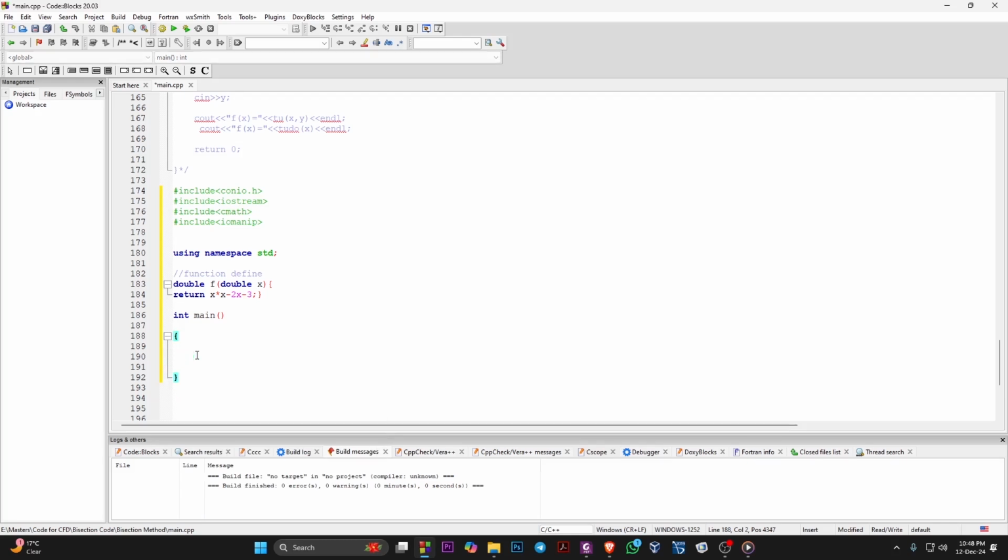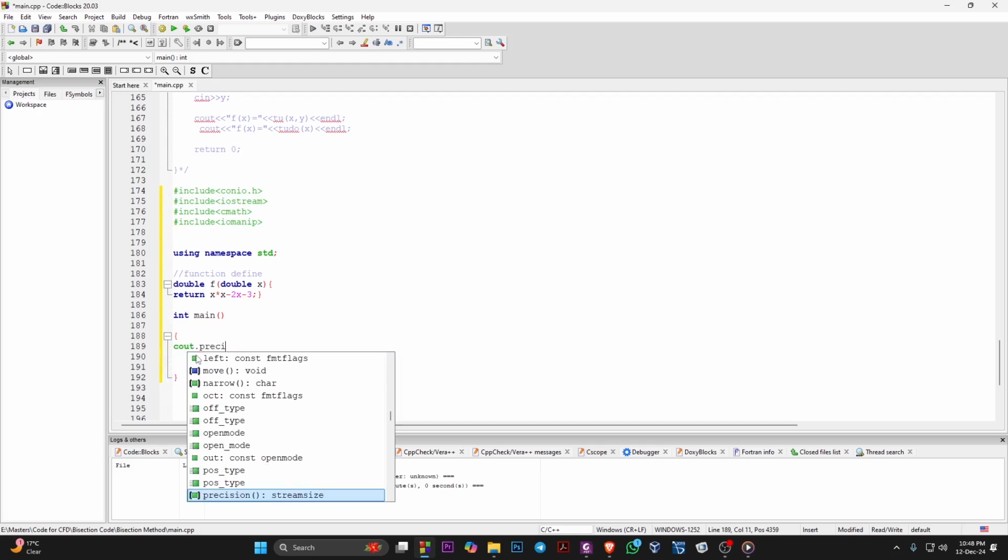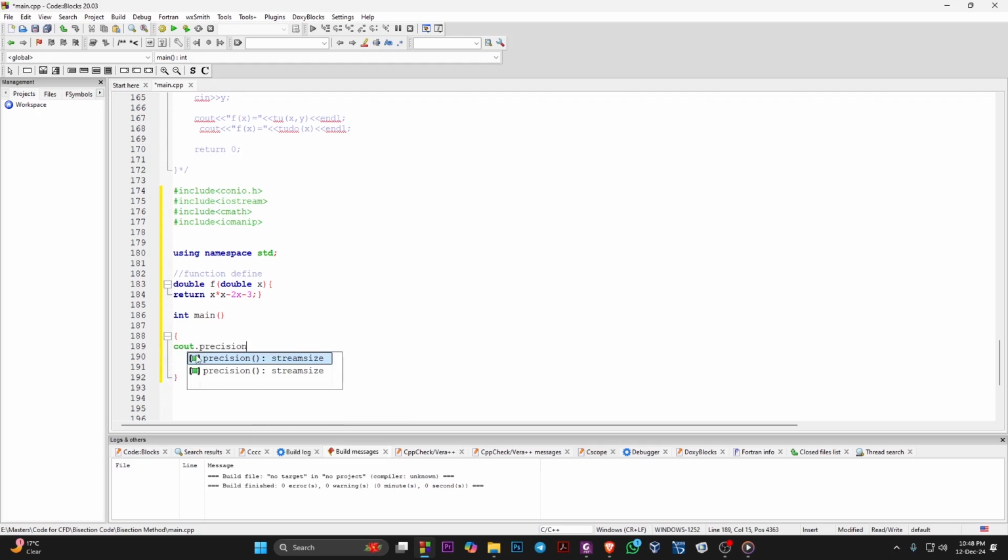So that's why I am using the iomanip function. Let's start the main function like cout.precision, as I want a precision. You can skip this, no issue, but I wanted to use this precision value for my whole problem.